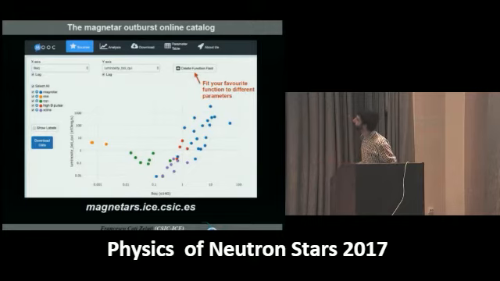Here is especially the plot I showed before, the quiescent luminosity as a function of the magnetic field. And what is important here is that you can create your favorite function and fit it to different combinations of parameters. So if you expect, according to your models, a specific correlation, you can test it against the data.